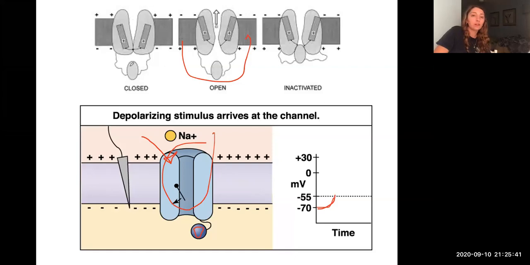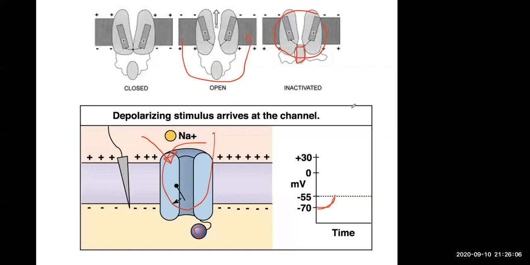So in this one right here, this is closed but active, this is open and active, and this is open and inactive. Does that make sense?